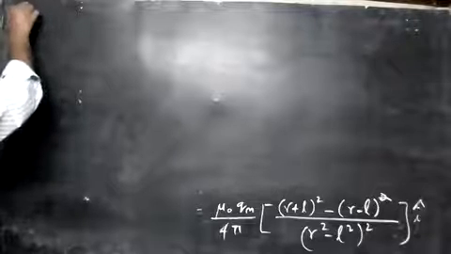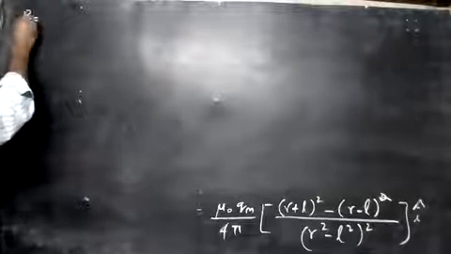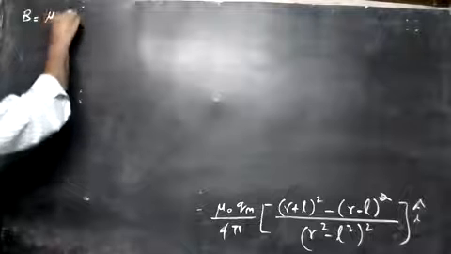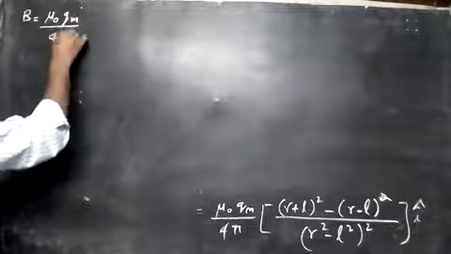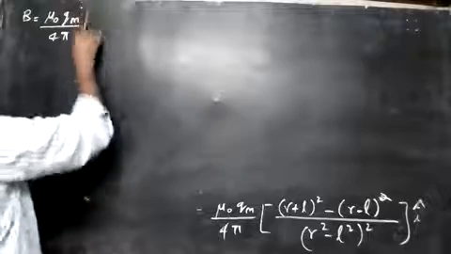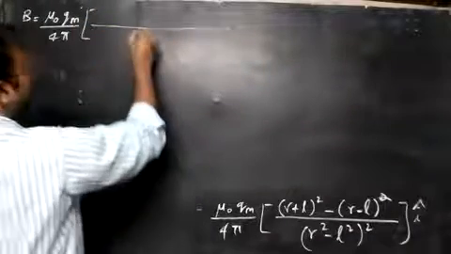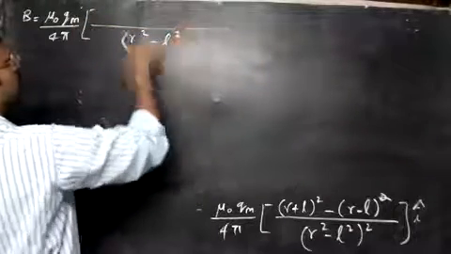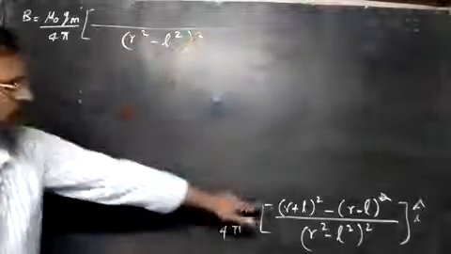B, that magnetic field, is equal to mu naught into qm divided by 4 pi, into the denominator, which will have the same thing only, that will be (r square minus l square) the whole square. And then on top we expand it.